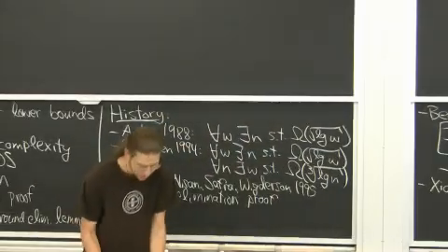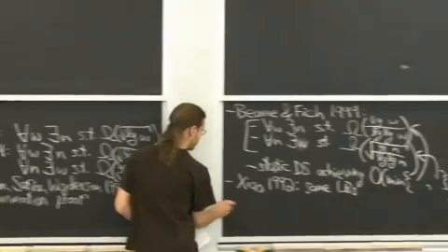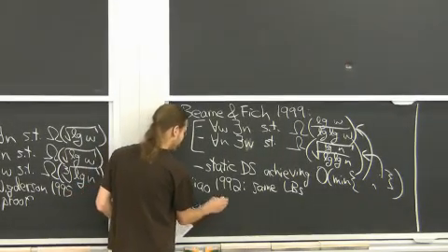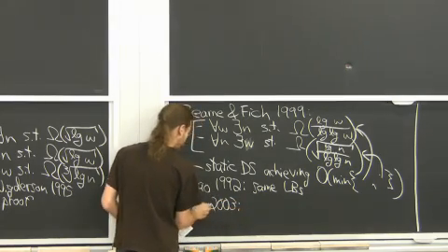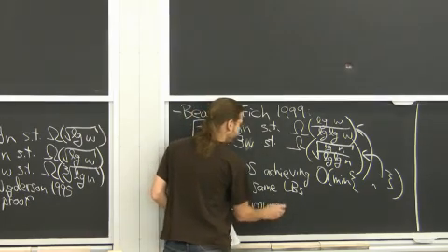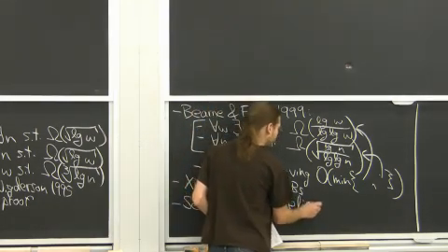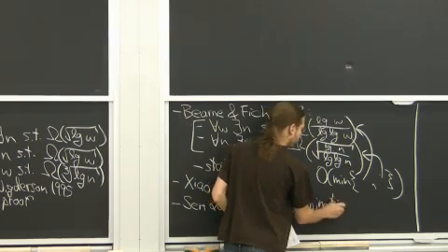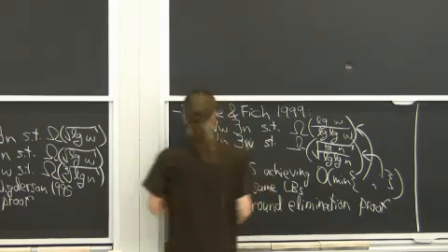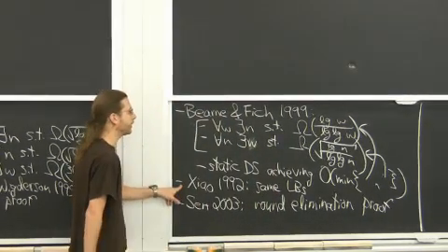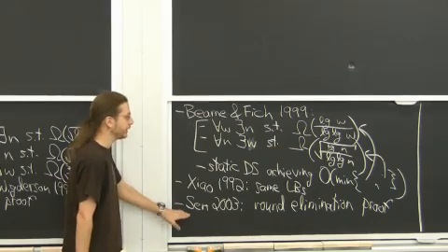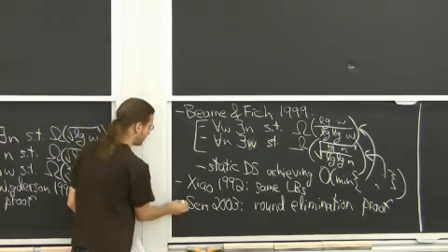Okay, next up is Sen in 2003, which gave a round elimination proof of the same result. And whereas both the Beame and Fich and the Xiao proofs are messy, this round elimination proof is very slick and clean, and this is the proof we're going to cover today.